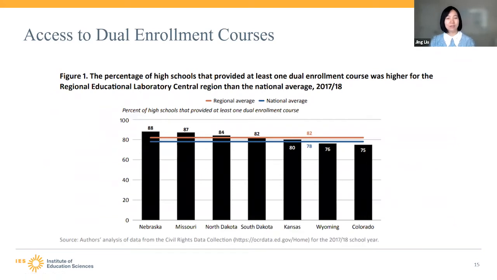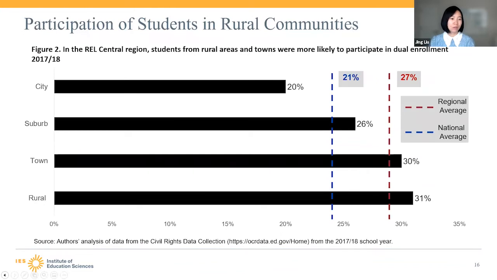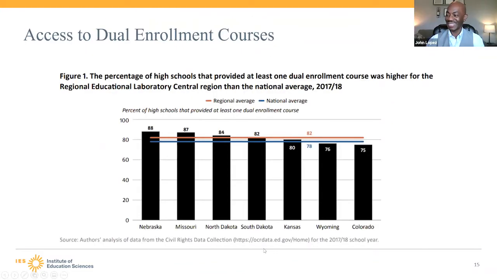In the webinar, we will share 3 key findings from the report regarding dual enrollment access at the school level and dual enrollment participation at the student level by locale and household income level. This figure shows the dual enrollment access at school level across REL Central states.